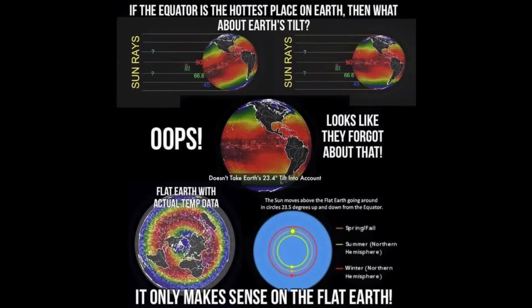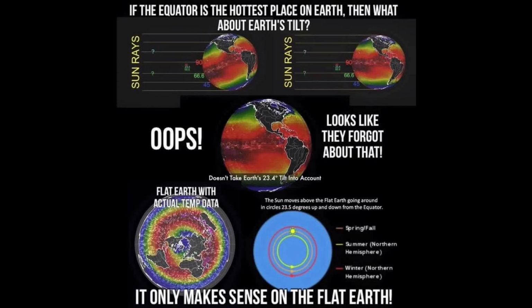Now I'm just going to move on to this last one. It's something really curious. If the equator is the hottest place on Earth, then what about Earth's tilt? Our 23.4 degree tilt on the axis is a tilt in, I'm blanking on a word, relativity.